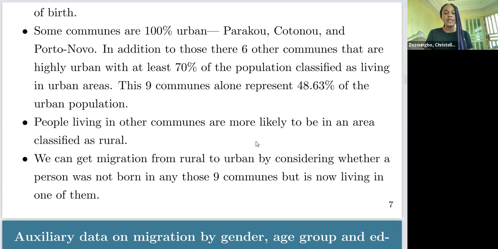So that will tell me that at some point, this person migrated to those communes. One implicit assumption here is that people's education decision is made in the commune where they are born, like they go to school in the commune where they are born, which is basically true if we consider primary education, which I'm considering in this work.